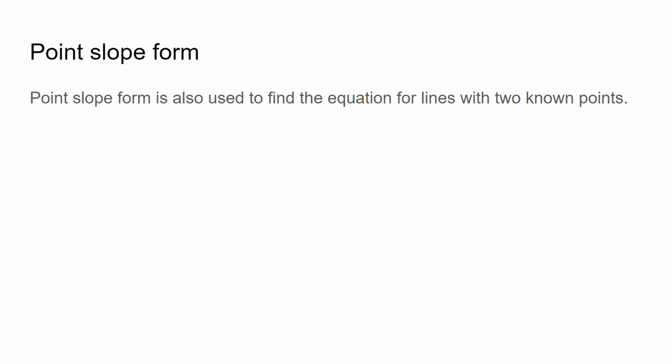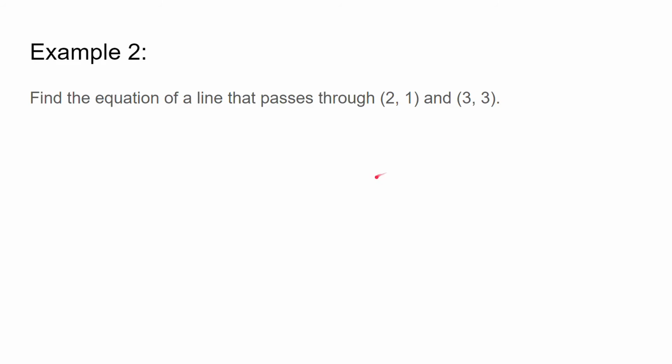Point-slope form is also used to find the equations for lines when you know two points. For example, let's say we were to find the equation of a line that passes through (2, 1) and (3, 3). We have to fill in y minus y1 equals m times x minus x1, so we have to find x1, y1, and m.